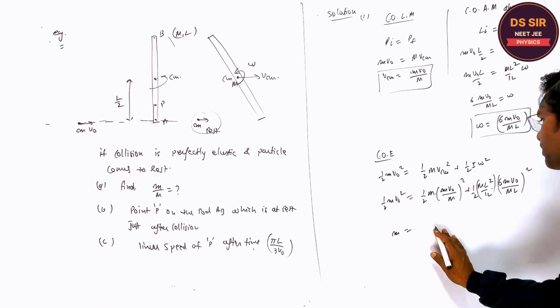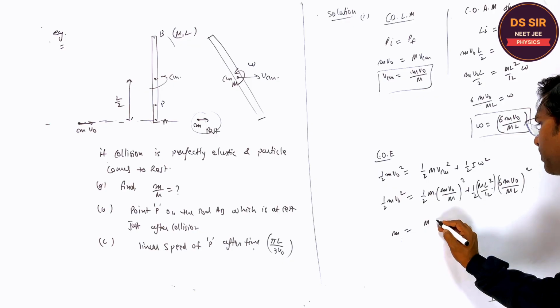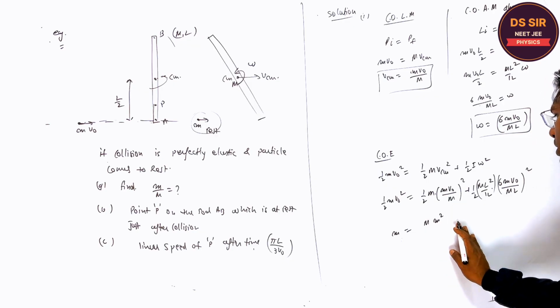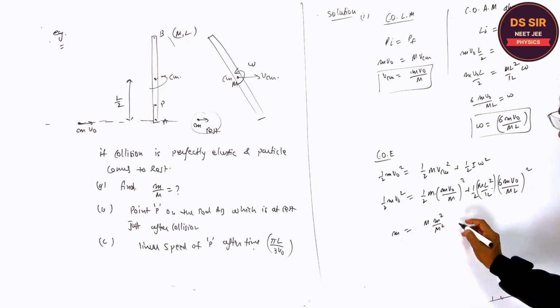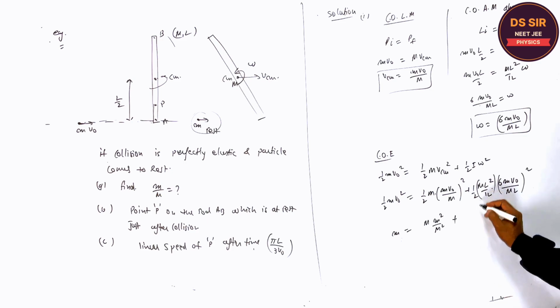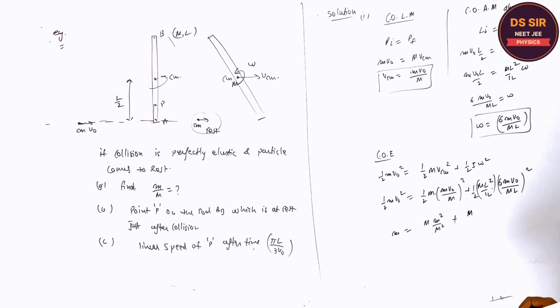So on this side we have m, and capital M square upon capital M square plus capital M L square by 12 times 36 m square upon capital M square L square, where the L square will cancel out.